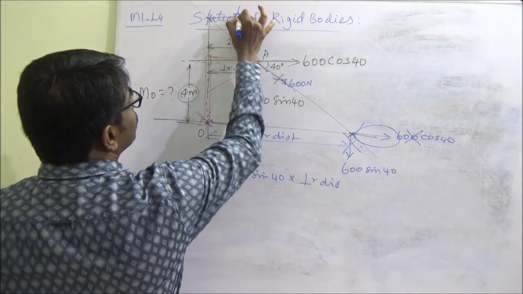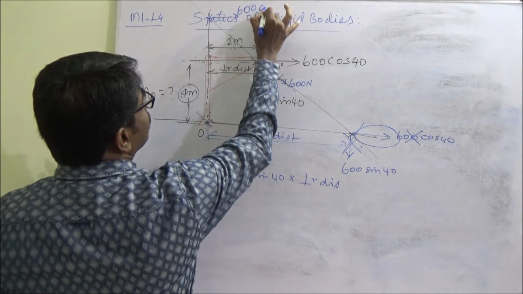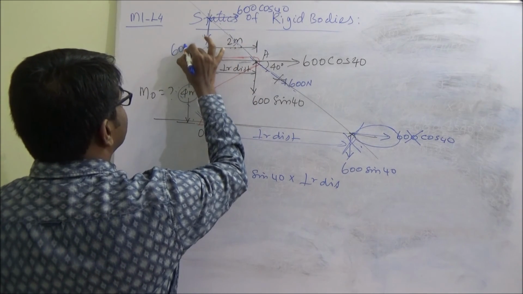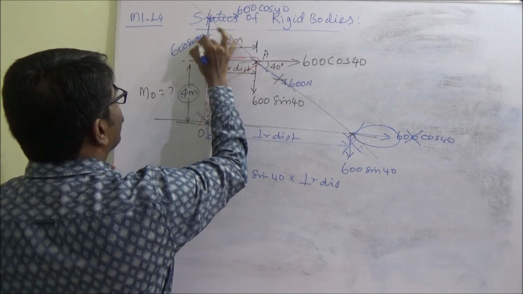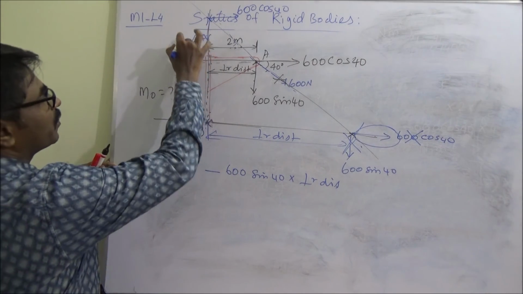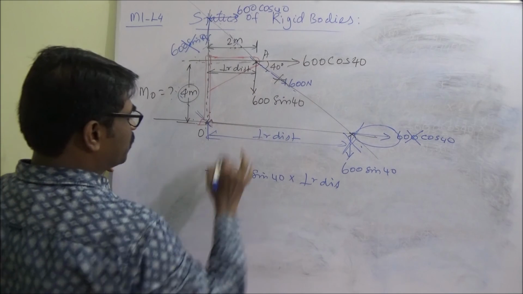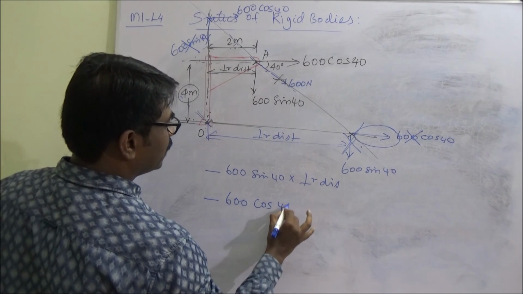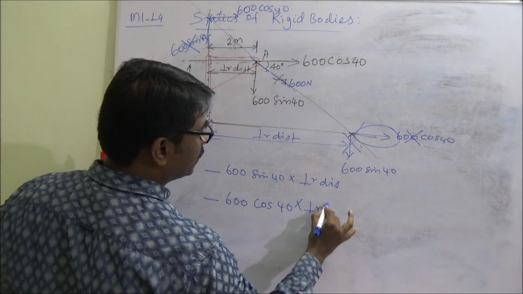Here you will put 600 cos 40 and 600 sine 40. The 600 sine 40 force is passing through O. This will not produce moment. This will produce a clockwise moment. Again, it is going to be 600 cos 40 into the perpendicular distance.